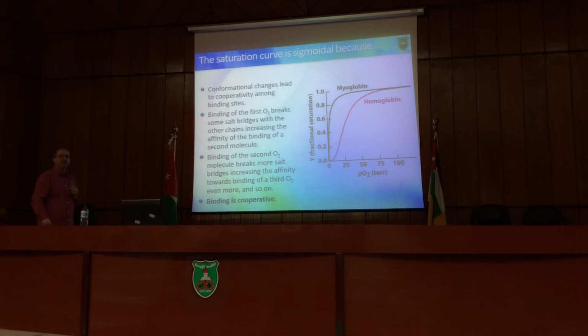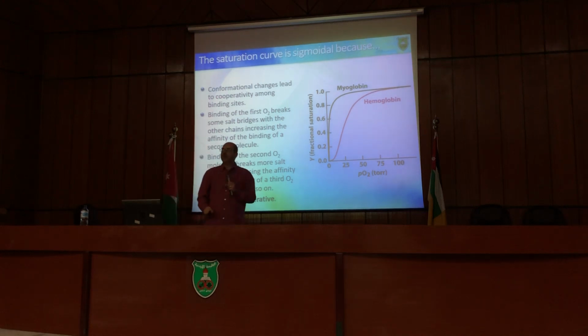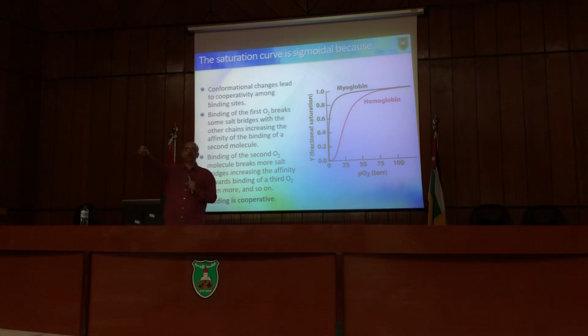Now this change from the low affinity state to the high affinity state is also gradual. What does that mean? It means that when one oxygen molecule binds to one polypeptide, it makes it easier for the second oxygen molecule to bind to the second one. When two are bound to the hemoglobin molecule, they make it easier for the third oxygen molecule to bind.